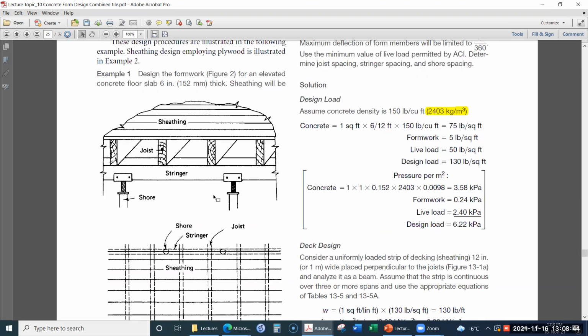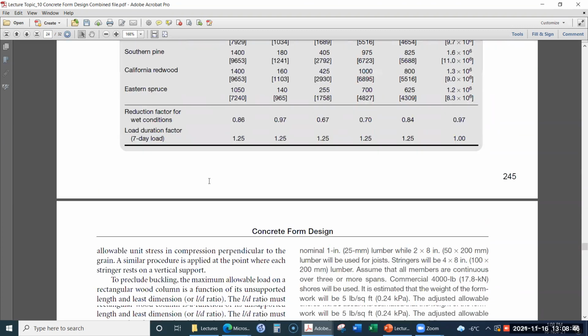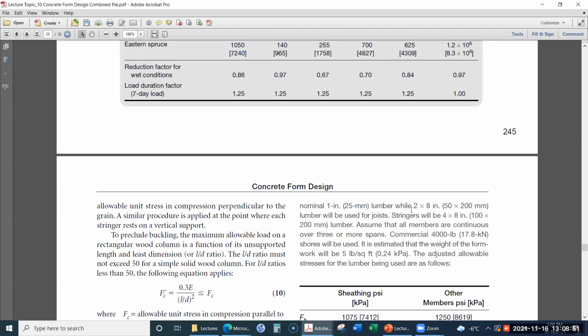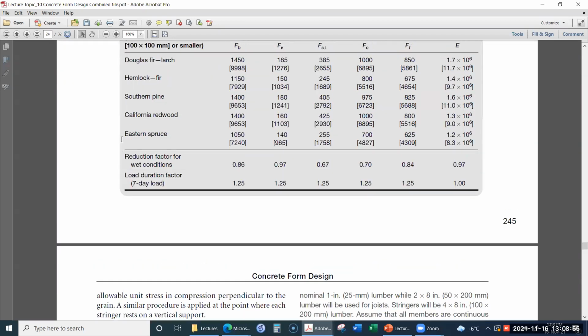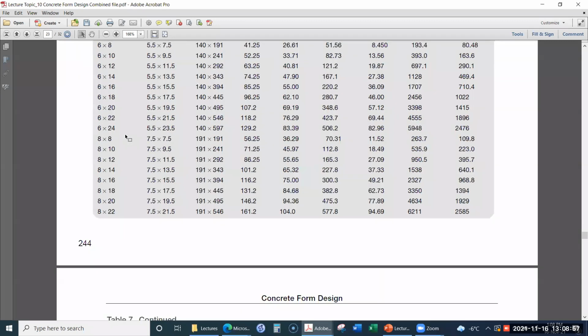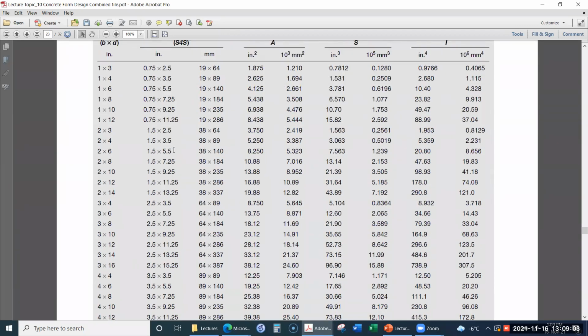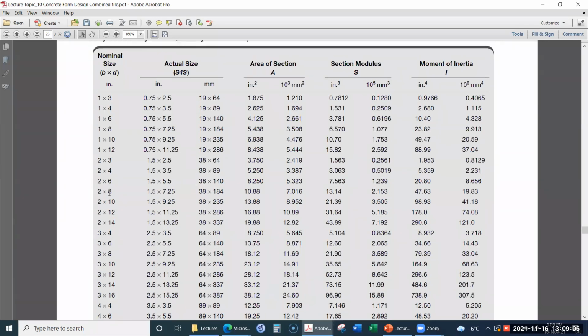That we will see from the table. Remember that in this example, we are using a 2 by 8 inch joist. In table number 7, the 2 by 8 inch joist is here, and its section modulus is 2.153 into 10 to the power 5 millimeter cube.